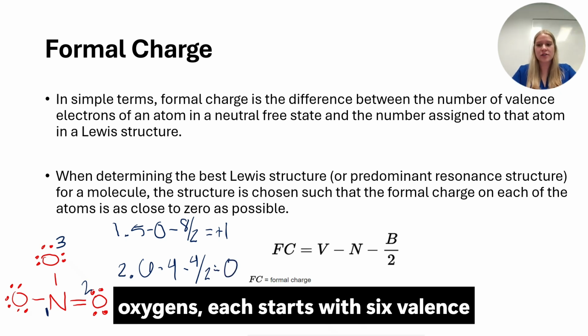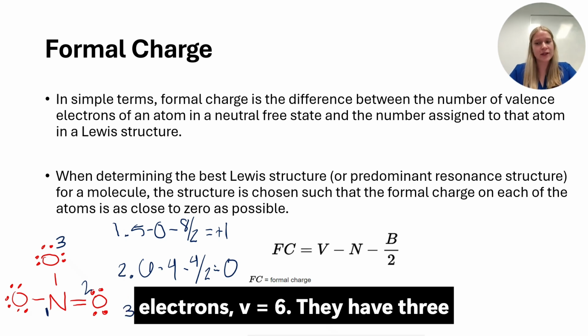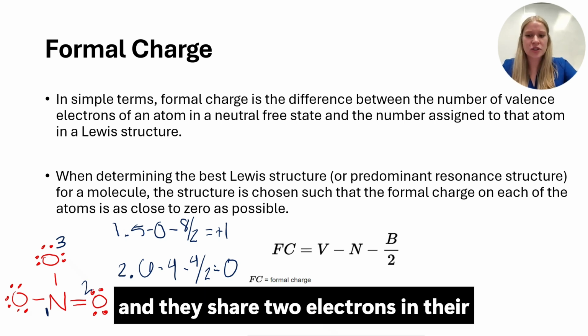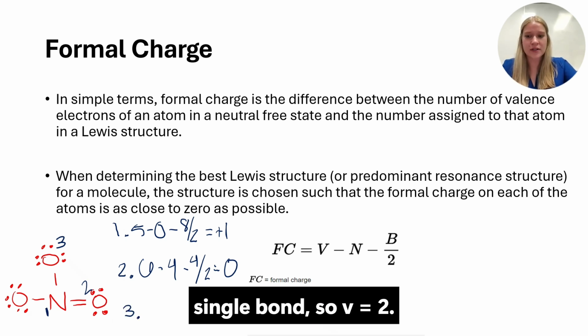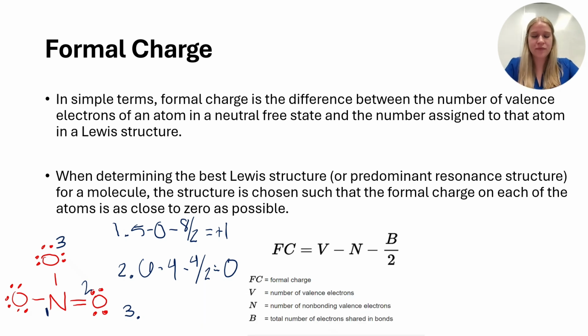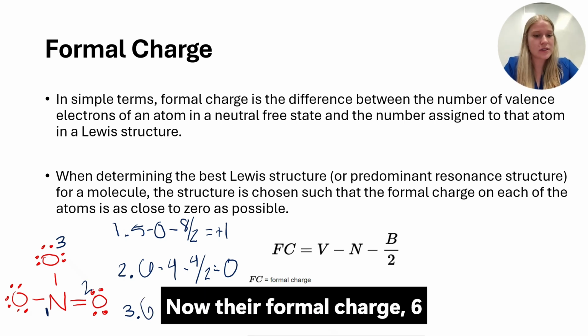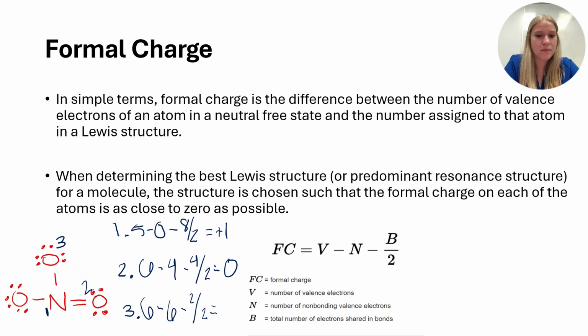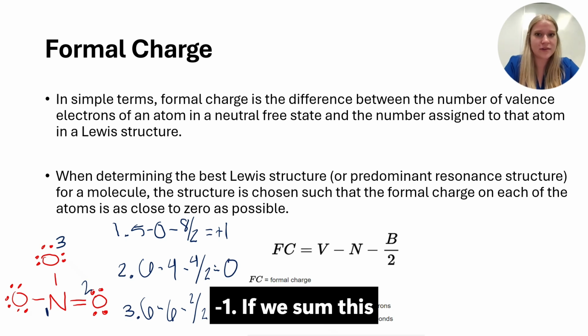The 2 single bonded oxygens each start with 6 valence electrons, V equals 6. They have 3 lone pairs, which means N equals 6, and they share 2 electrons in their single bond, so B equals 2. Now their formal charge is 6 minus 6 minus 2 over 2, for a total charge of -1.